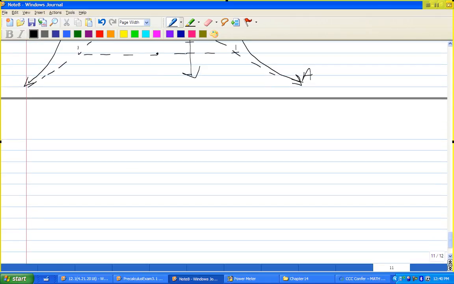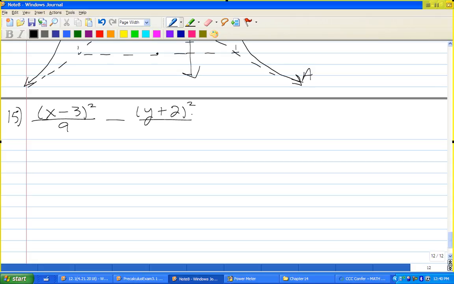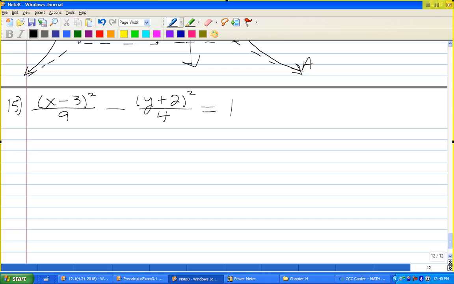X minus 3 squared over 9 minus y plus 2 squared over 4 equals 1.